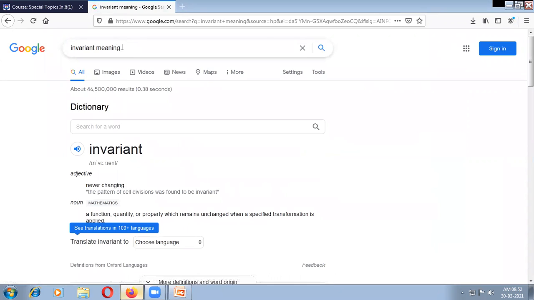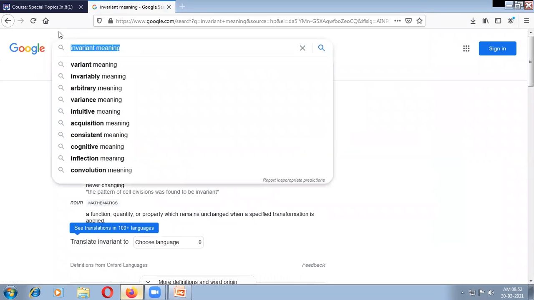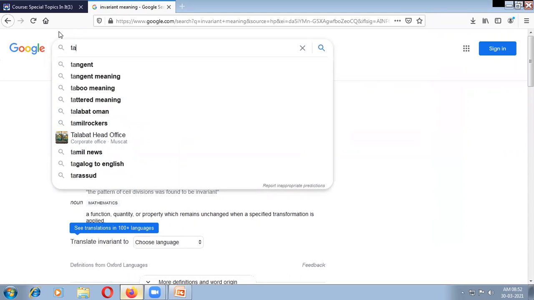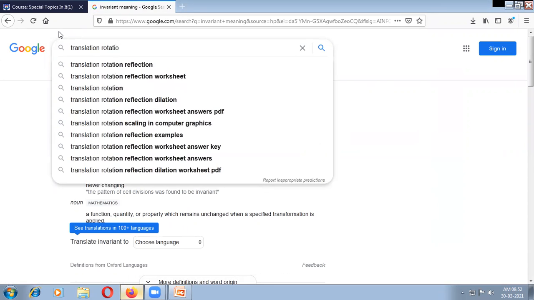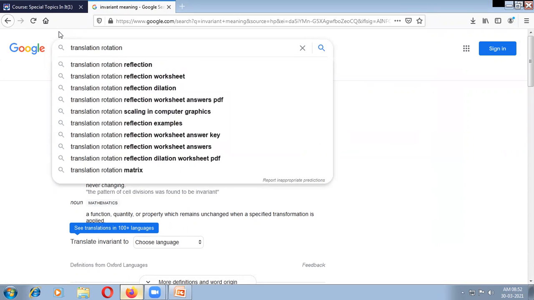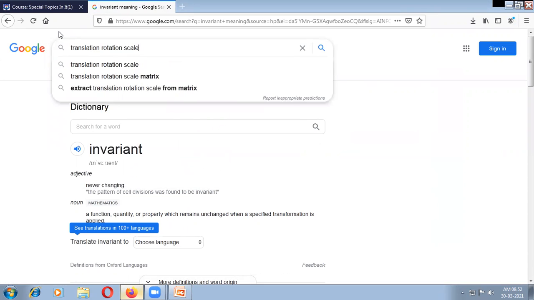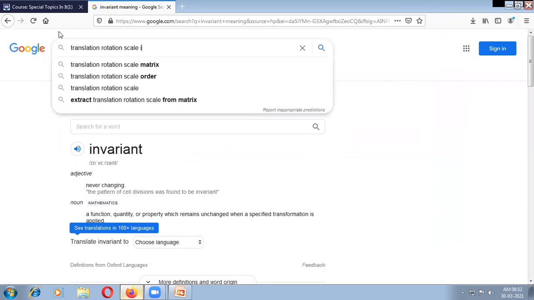Due to capturing and other processes, translation, rotation, scaling, invariant.